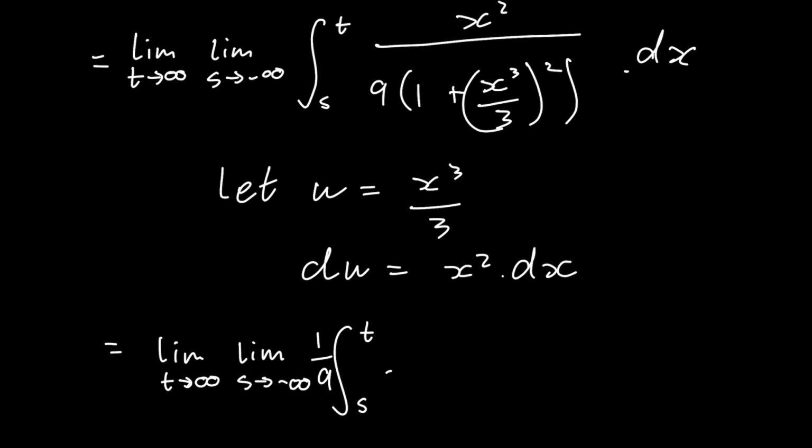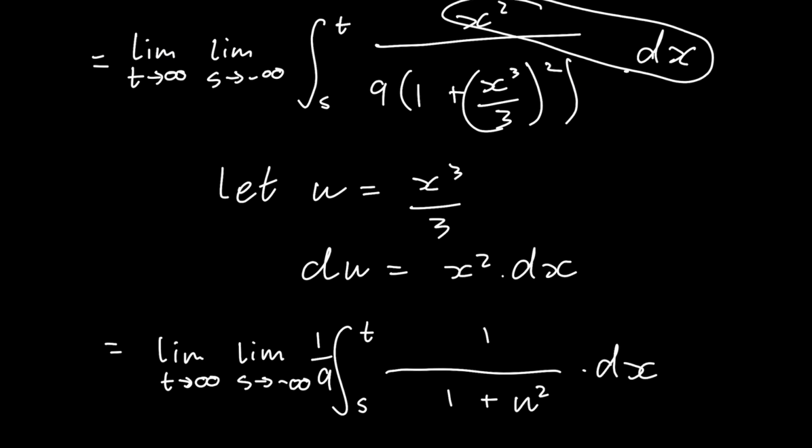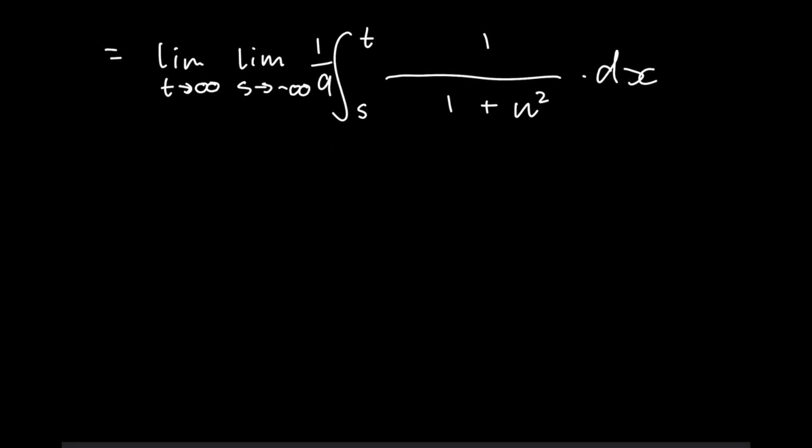So we have 1 plus u squared, and du in place of x squared dx. So now we'll carry on with this integral, and we notice that the integral of this is arctan of u.